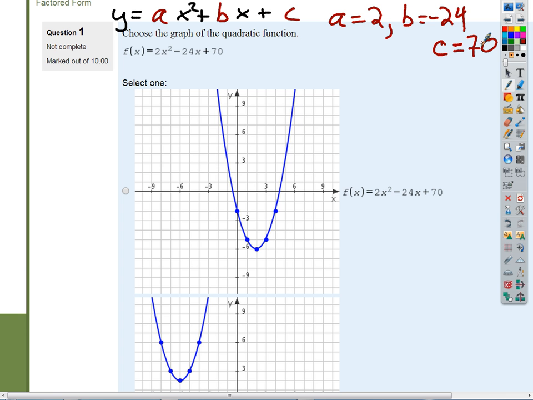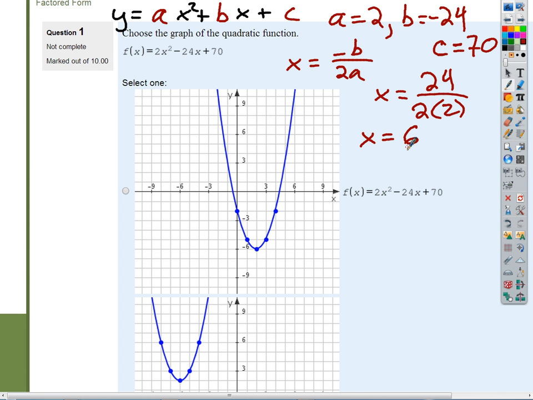Remember the formula? x equals negative b divided by 2a. If I plug in the numbers, negative b is 24 over 2 times 2. So 24 over 4 is 6. So we know the x-coordinate of the vertex is 6.